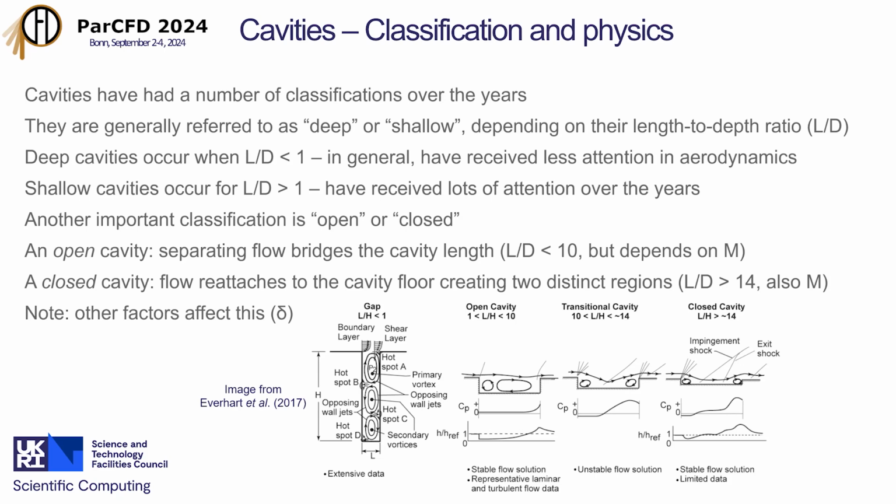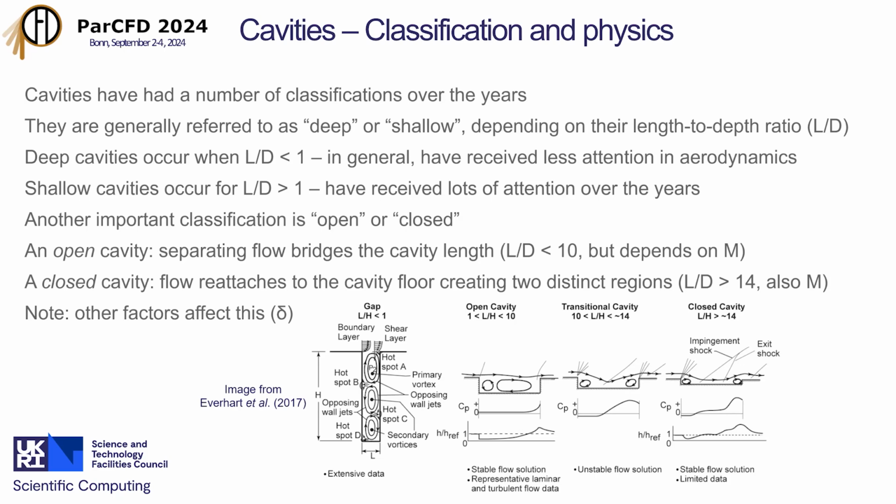The other aspect with cavities is that they are called open or closed. So this is the open cavity. The open cavity is where the boundary layer separates and reattaches. It separates at the leading edge here and reattaches on the trailing edge, and that has implications for the flow. If you think about blowing over a milk bottle, it generates a very strong acoustic tone.